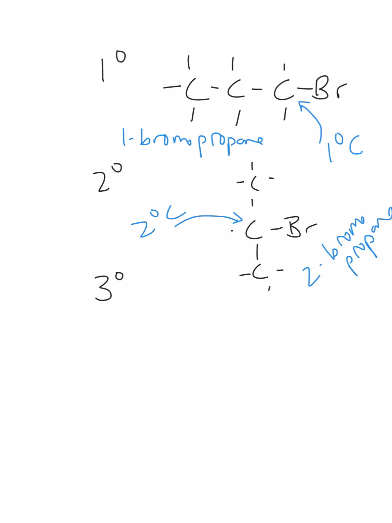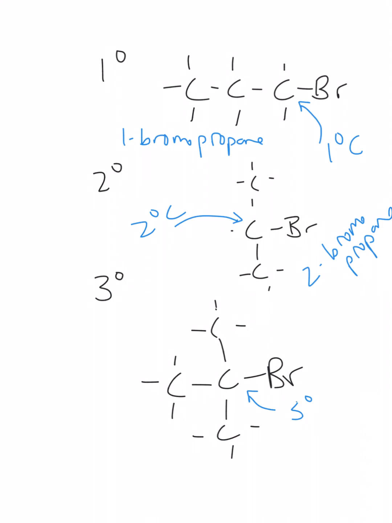Then we could have a tertiary as well. We just have to make the bromo attached to a tertiary carbon. So we're not going to have enough carbons if we try to make it a 3-carbon compound. We'll have to add a methyl group on here.